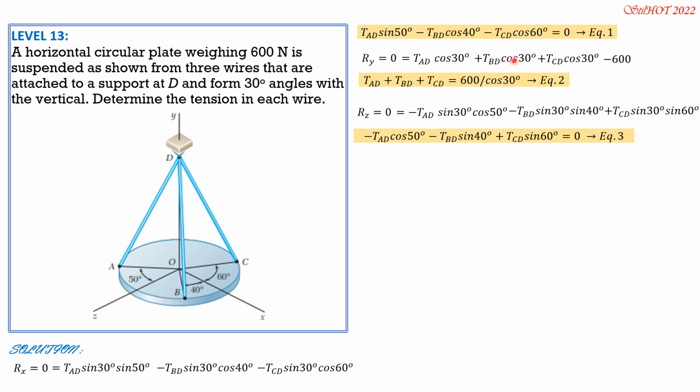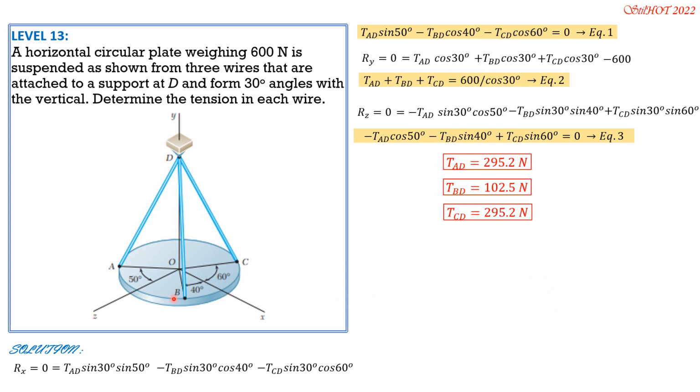So equation 3. Solving these three simultaneous equations by any available method you have. So tension AD is 295.2, tension BD is 102.5, and tension CD is 295.2 newtons.